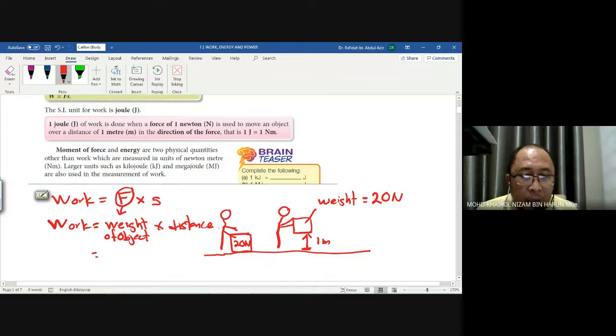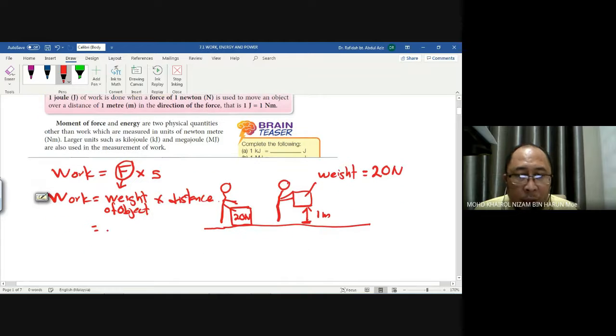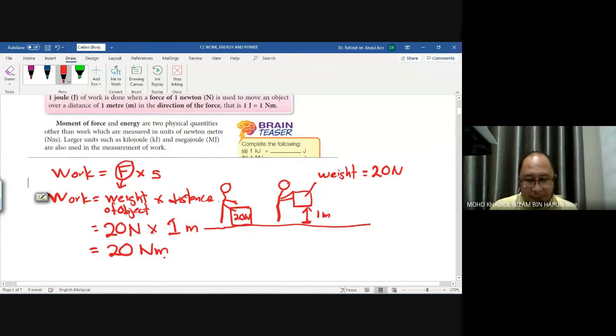The weight of the object is 20 Newton, times distance in meters, given here as 1 meter. So the answer here will be 20 Newton meter.